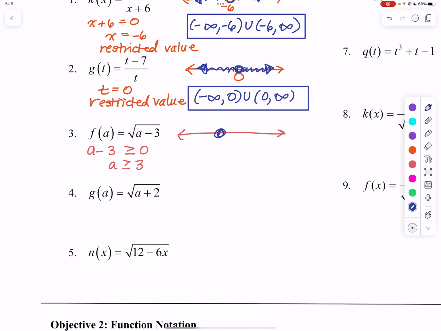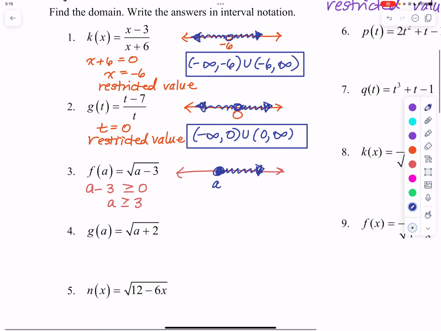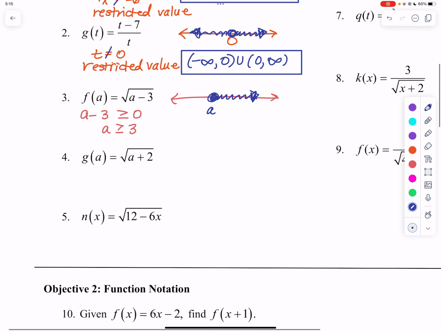So here we have 3, and we want everything greater. And so here you could actually say x cannot be equal to -6, and t cannot be equal to 0, if that might help.